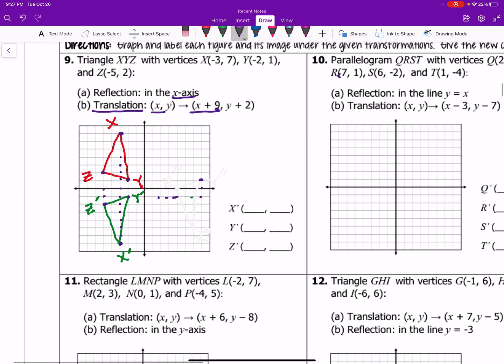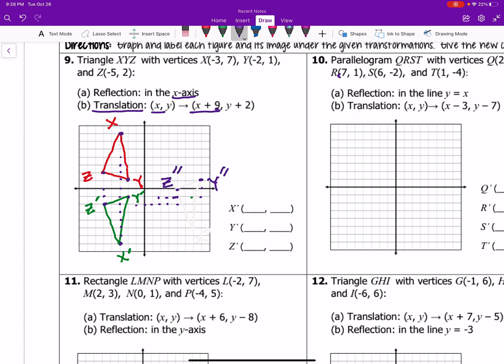Okay, so let's write this Y double prime. This is Y prime, and this one we name double prime. And then let me take my Z. It was right 9, 1, 2, 3, 4, 5, 6, 7, 8, 9, and then 1, 2. Okay, so that's my Z double prime.